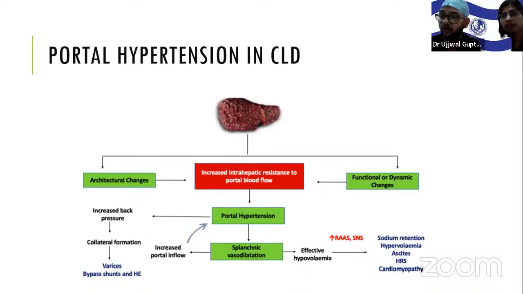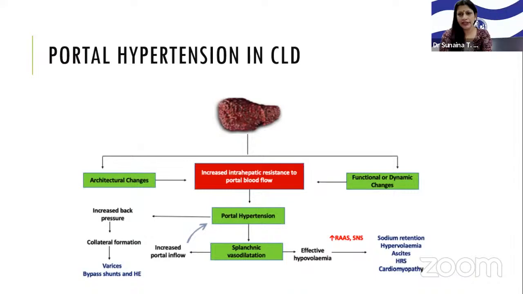Angiogenesis also leads to irregular flow patterns, due to which the intravascular resistance increases. Moreover, ma'am, due to the increase in resistance, there is a splanchnic vasodilation, which in turn again enters this vicious circle. So whatever is causing portal hypertension, it again occurs because of the splanchnic vasodilation and its vicious circle.